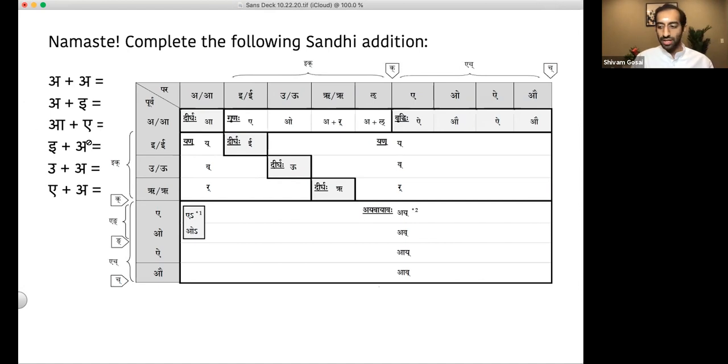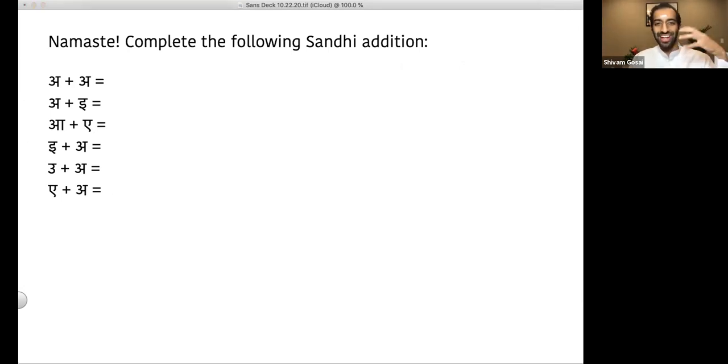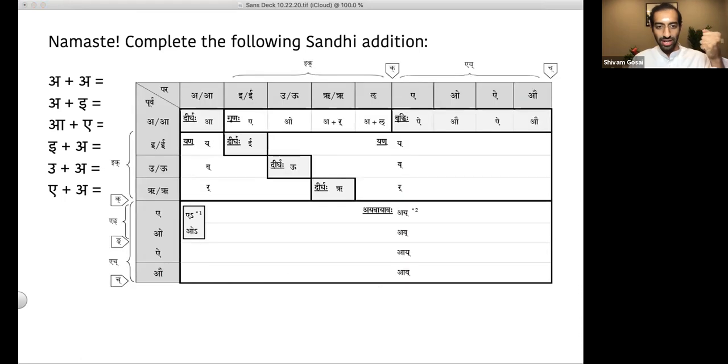Now I plus A. Okay, so now Avarna is no longer Purva-śabdha, right? Now we have Ik on the left side, right? When it's Ik on the left side, then it's going to be Yan Sandhi.